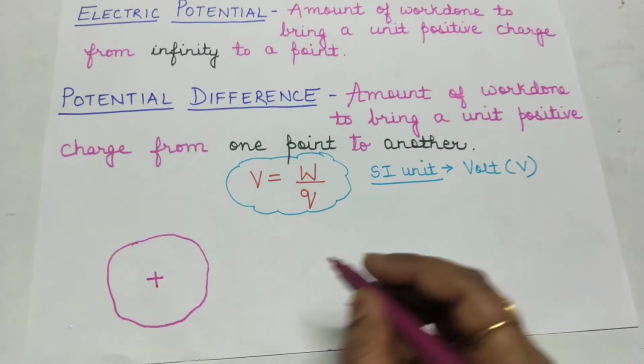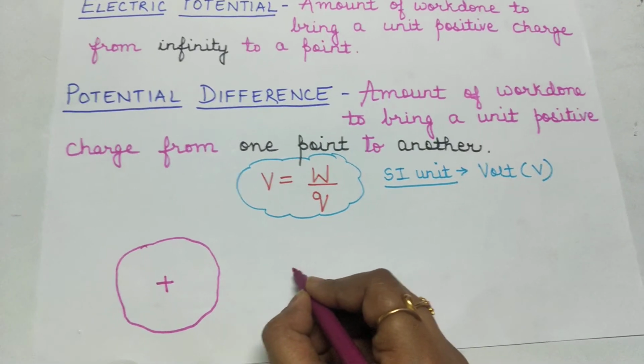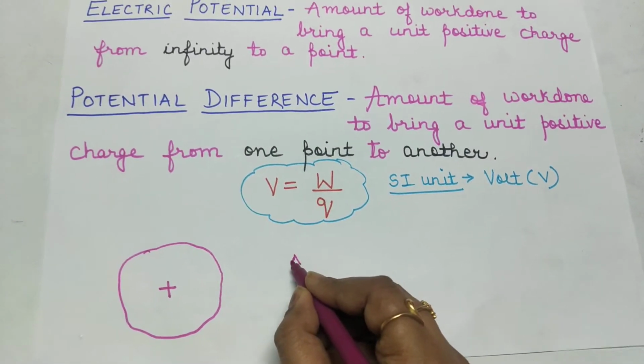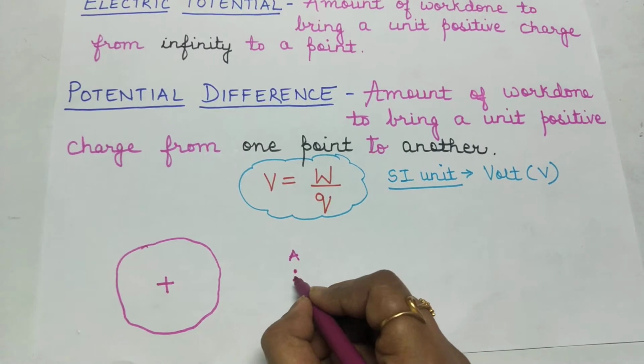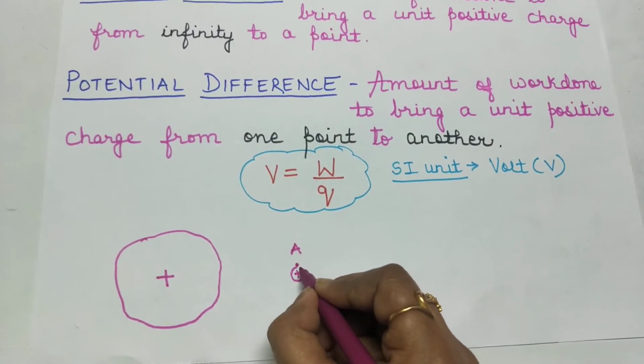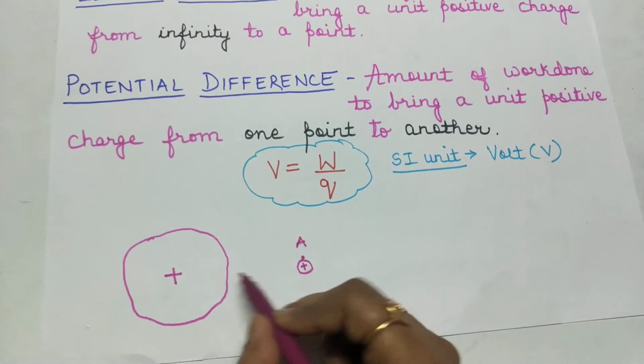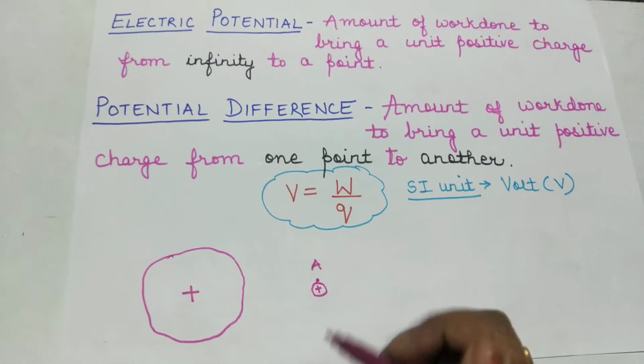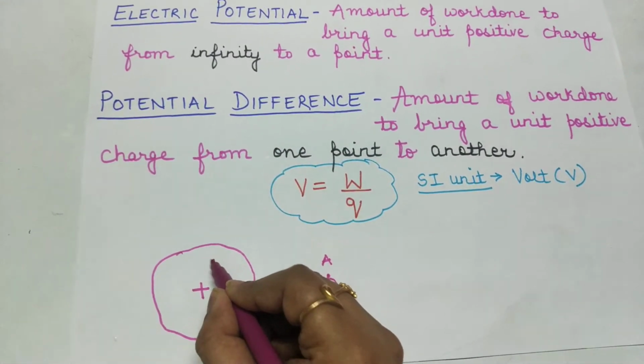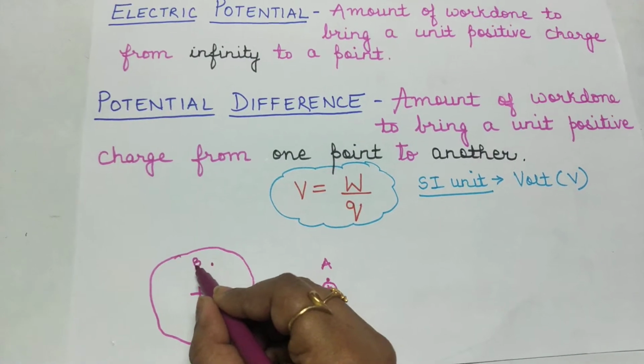Now, if here is some point A and here some small test charge is kept, obviously, if this is positive, they will repel each other. And there is a point B, for example, inside this electric field.